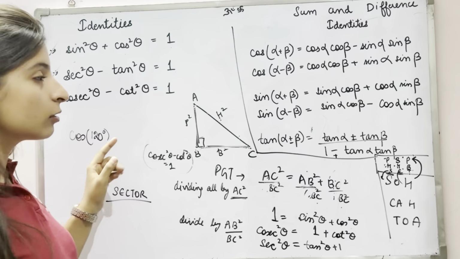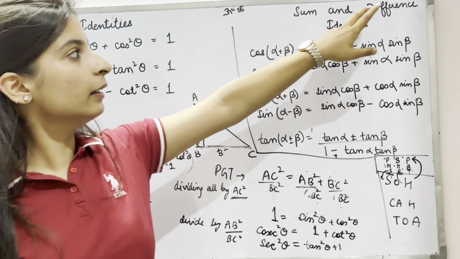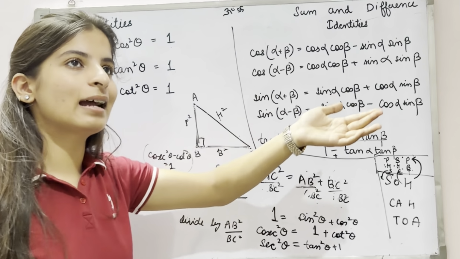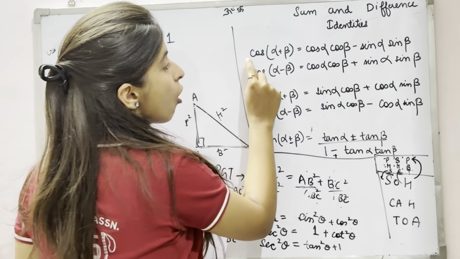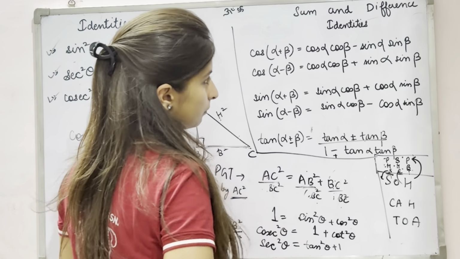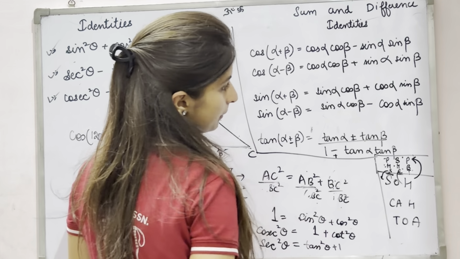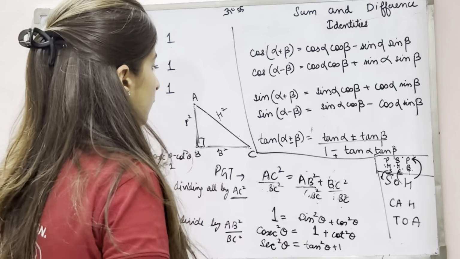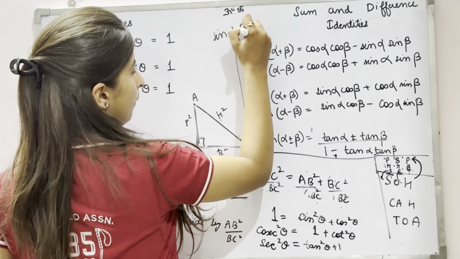It can also be written as the sum of two different angles. So these are the sum and difference identities. Any angle can be written as a sum of two angles or difference of two angles. Cos alpha plus beta is cos alpha cos beta minus sin alpha sin beta. Okay, now sine. Sine means same.